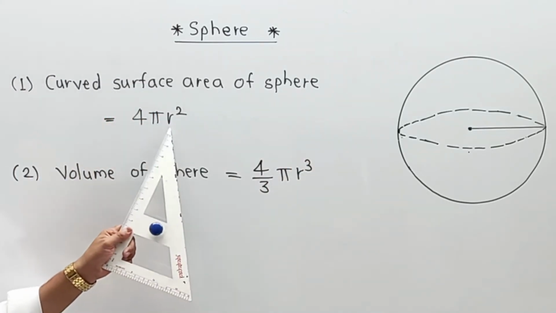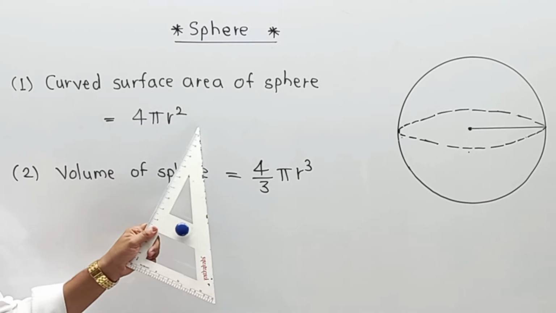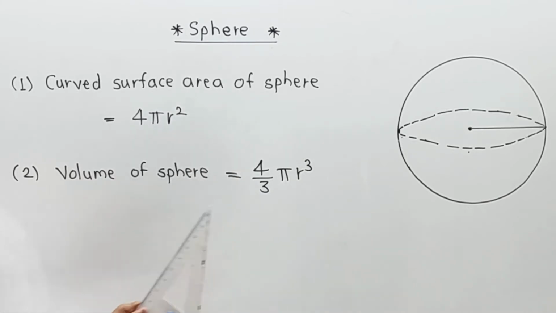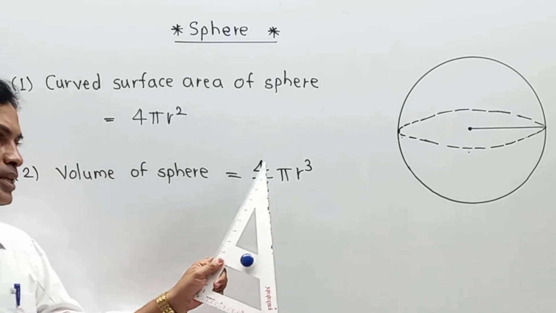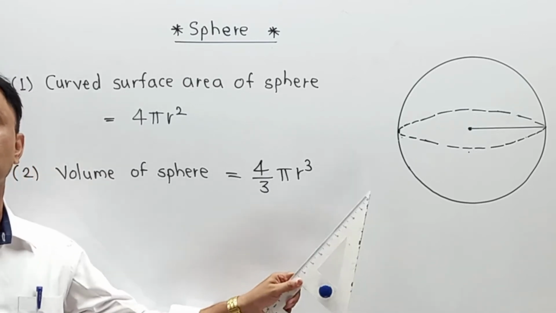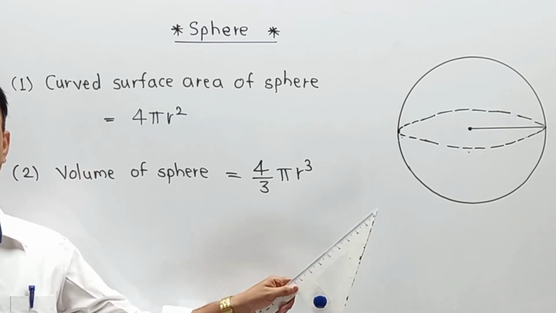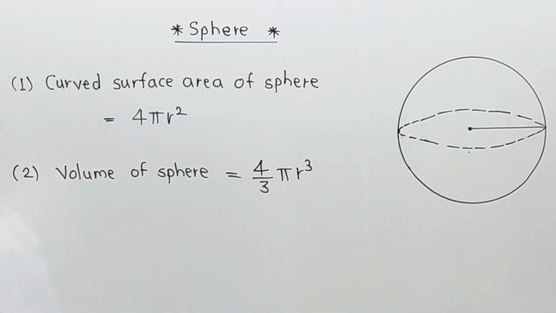As it is r square, the surface area will be in centimeter square, meter square or like that. And the volume of a sphere is 4 by 3 pi r cube. Naturally, it is in the form of centimeter cube, meter cube or unit cube. In this way, we are supposed to remember these two formulae.